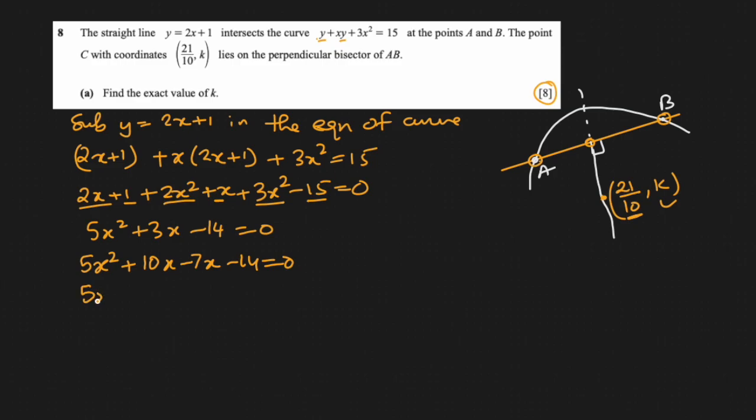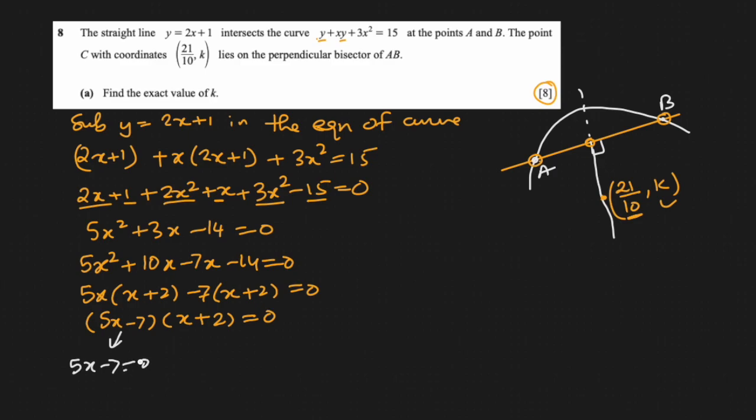So 5x I'll take common in the first two terms. So it will become x plus 2, minus 7 in the next one, x plus 2 equal to 0. So 5x minus 7 and x plus 2 equal to 0. These are the factors, and either this is equal to 0 or this is equal to 0.